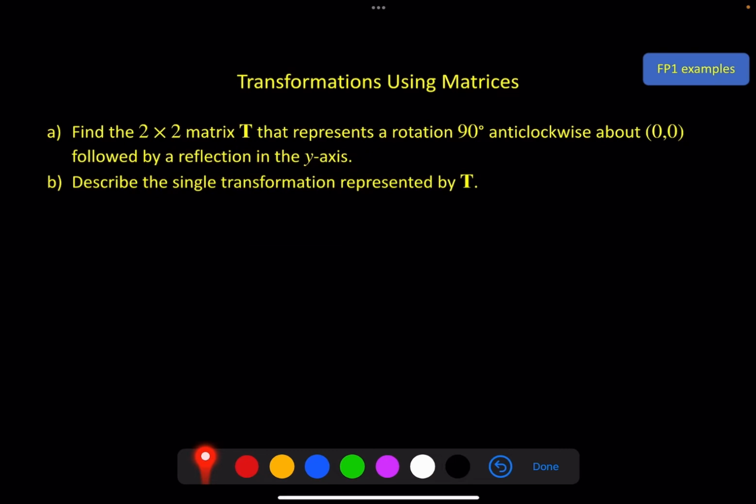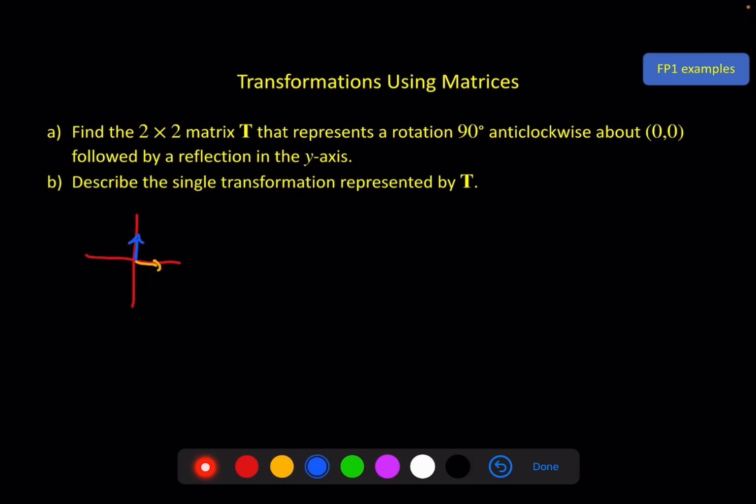Here's a quick example. Find the 2 by 2 matrix T that represents a rotation 90 degrees anti-clockwise, about 0, 0, followed by a reflection in the y-axis. But don't panic, I'm not going to use that rather horrible rotation matrix. I'm going to just consider what happens to our old friends, this and this.